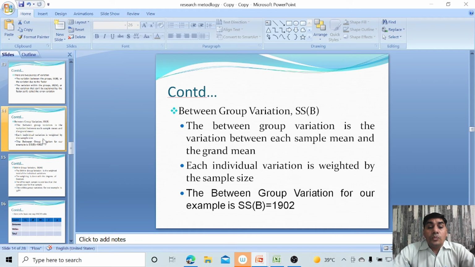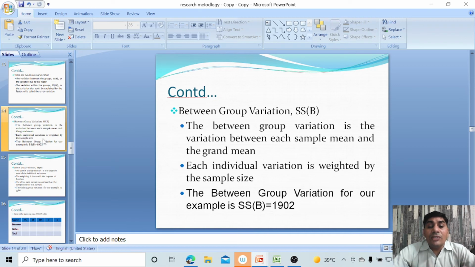For finding the between group variation SSB, the between group variation is the variation between each sample mean and the grand mean. Sample means are the means of the samples, that means first row, second row and third row, and grand mean means the total mean of the sample.